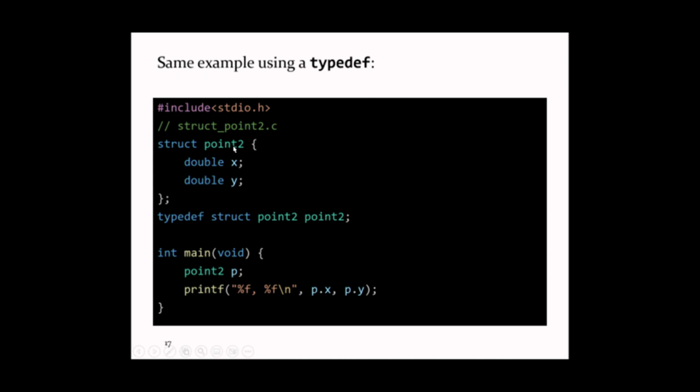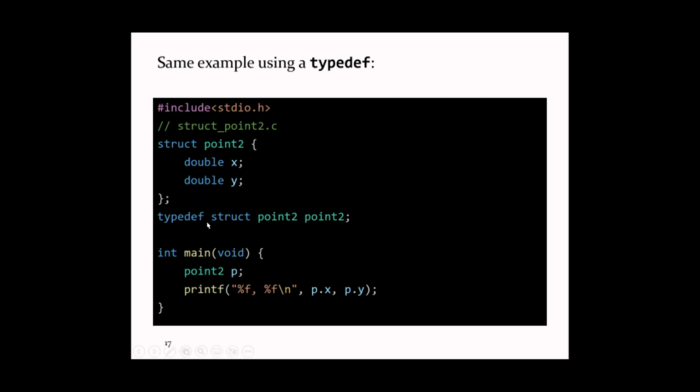That's the same example as the previous slide. So here's my struct again, and then what you can do right away is a typedef. I can write struct point2, so there's my type, and then I can write point2. So instead of writing struct point2 everywhere, I can now write point2 instead.